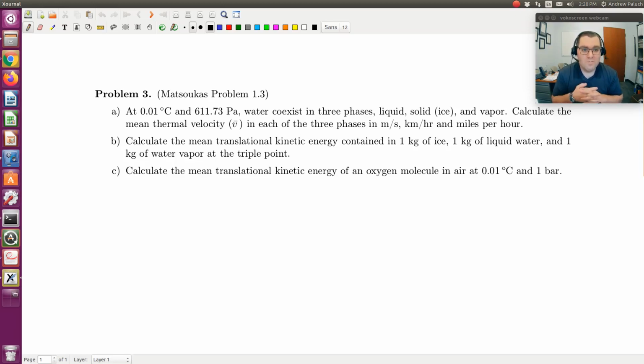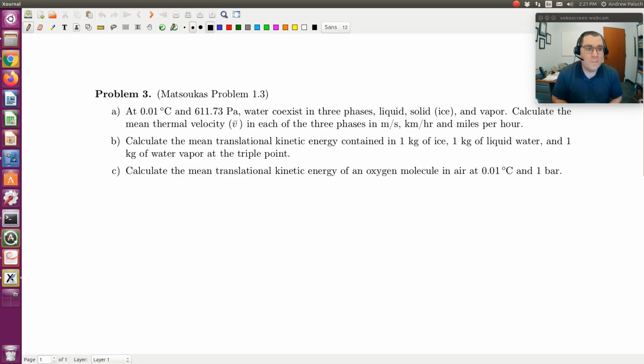But again, the Maxwell-Boltzmann distribution tells us that our velocity is only a function of mass and temperature. So our water molecules all have the same mass in all three phases, and all three phases are at the same temperature. So in actuality, the mean velocity of the molecules in all three phases is exactly the same.